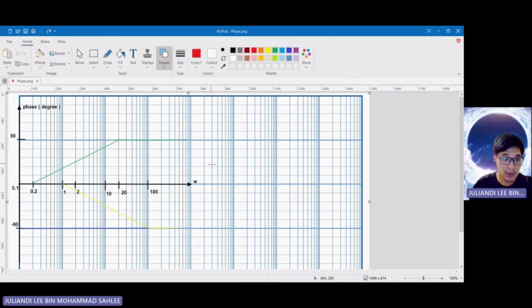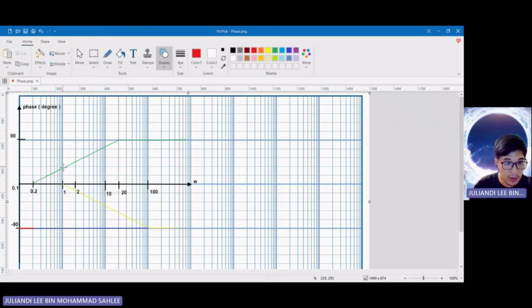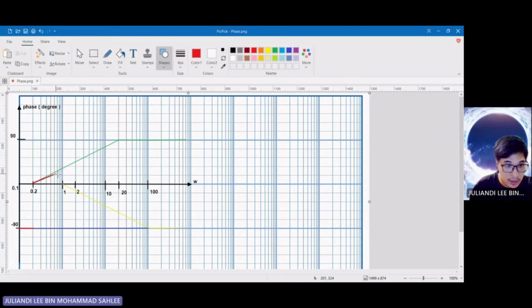And now we can do the result, the final product of this graph. From here, it will be a straight line until 0.2. And then it will reach this part, because it's addition, it will increase until 1 of 90 degrees.